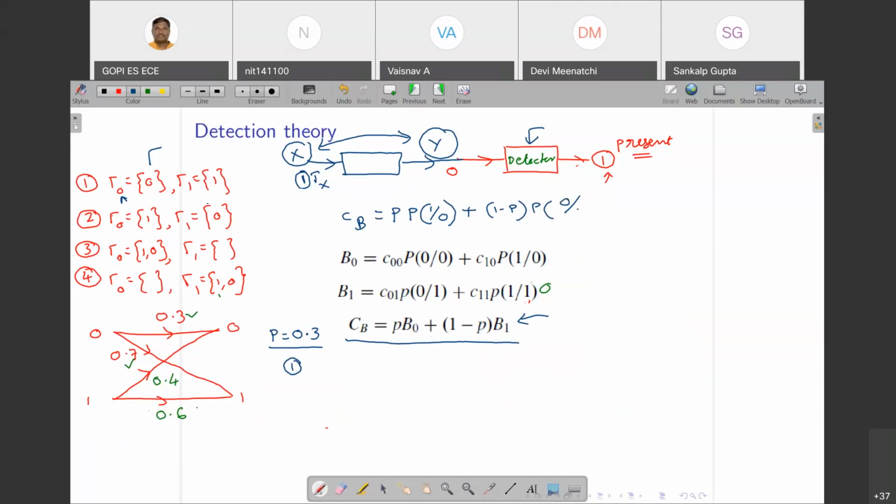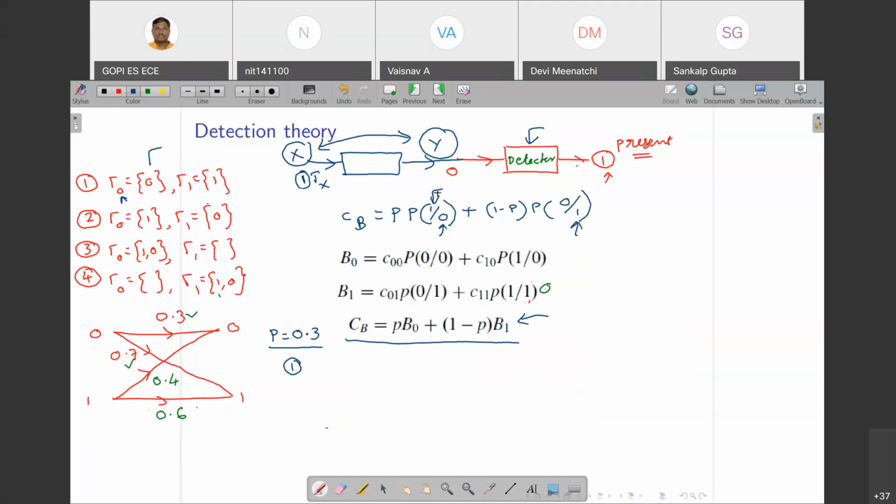In this you have to see that this condition given here is over all the real x, but here you have to see what are the possible values of y so that the detector detects it as 1. You are declaring that it is 1, right?